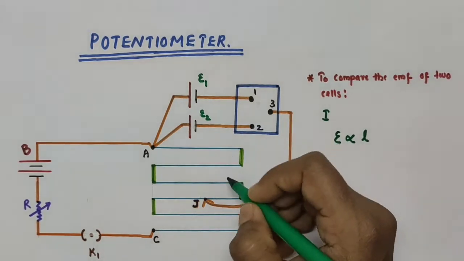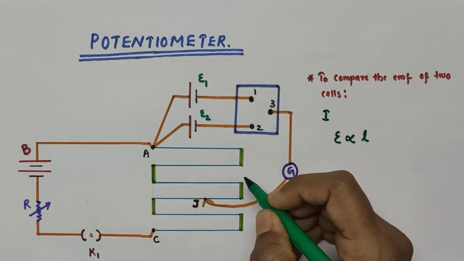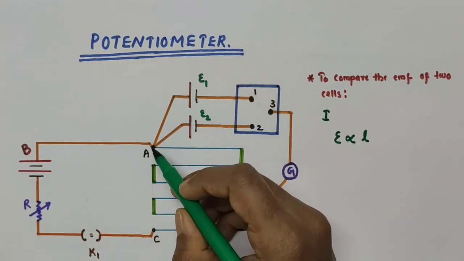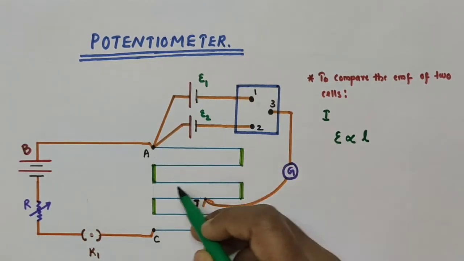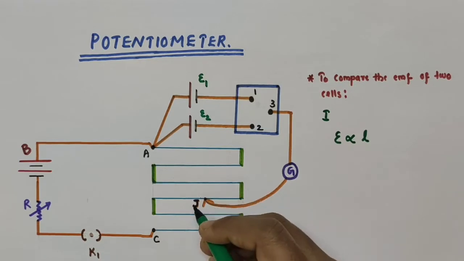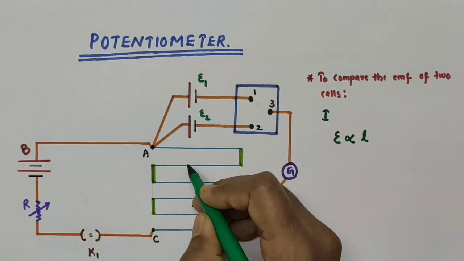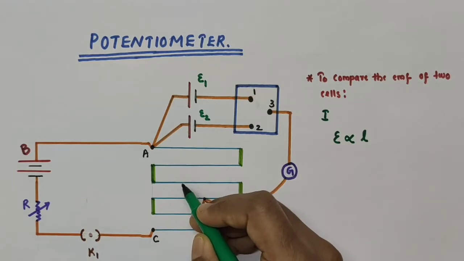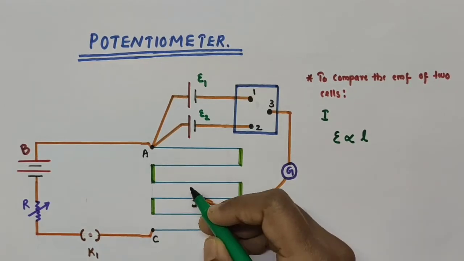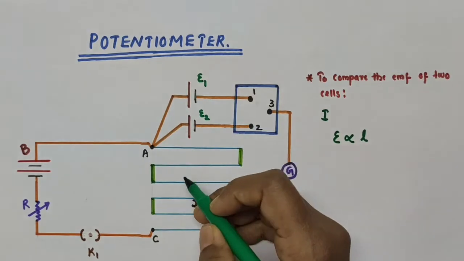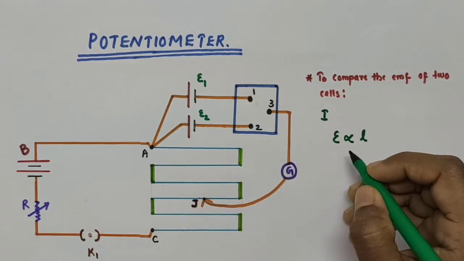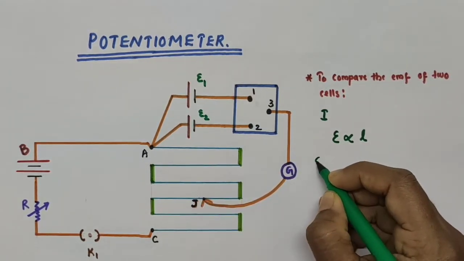Now since the wire is uniform, the potential difference between A and any point at a distance L from A, you can consider a point here, you can consider a point here, will be what?